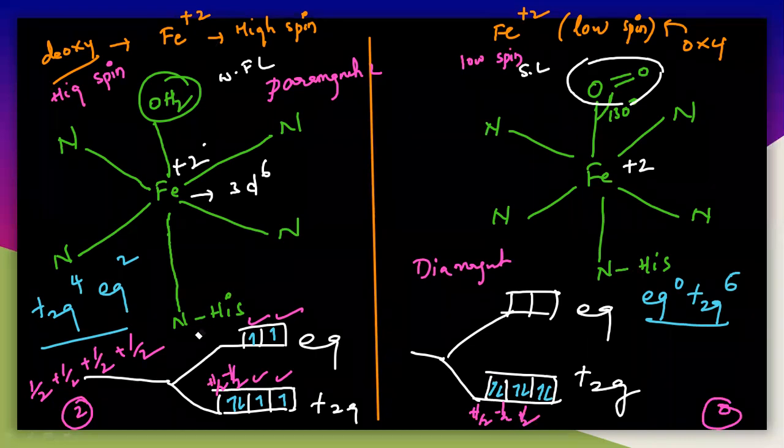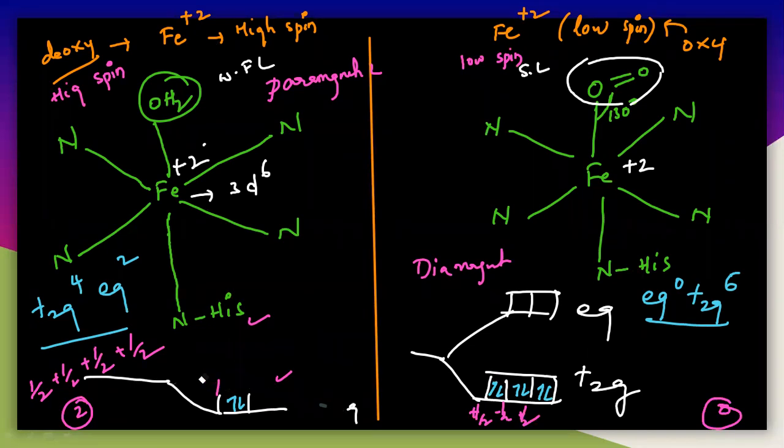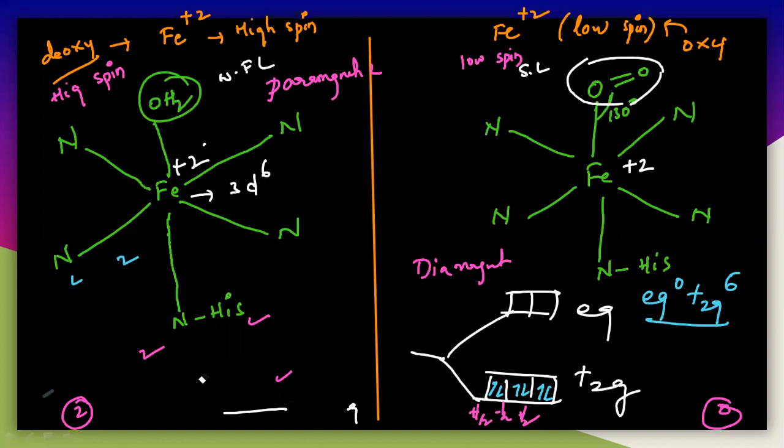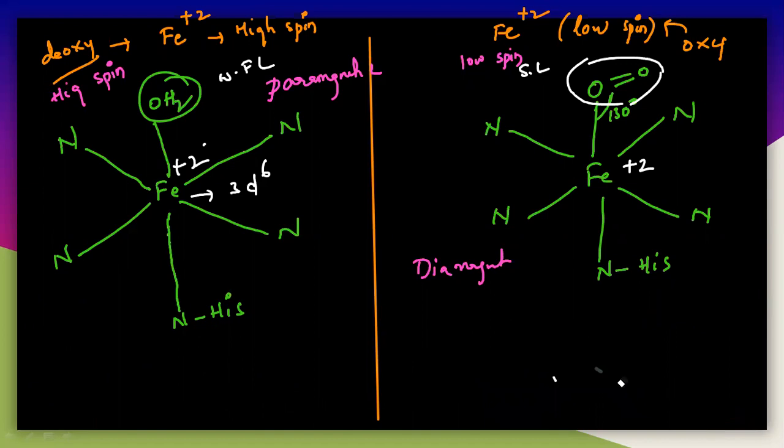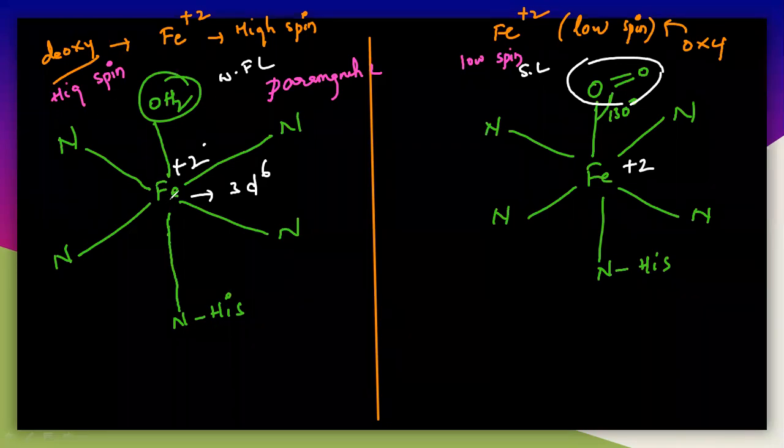So let us see here. I will remove all these things, because we have to see the major difference between deoxy and oxyhemoglobin. The major difference between these two things is the structure. The structure is very, very important here. And see this, you can exactly take the radius of the iron.